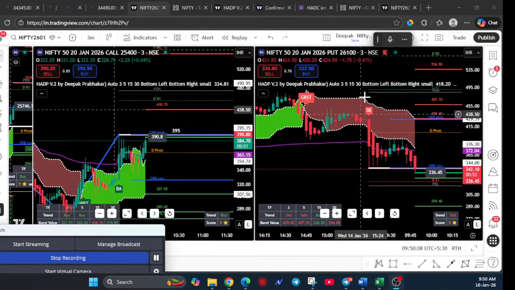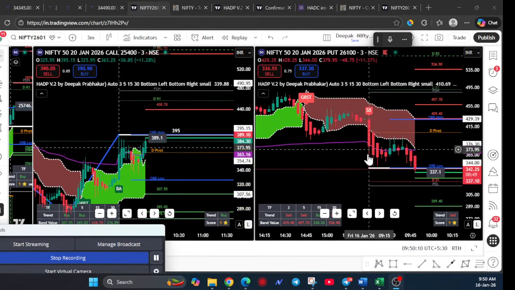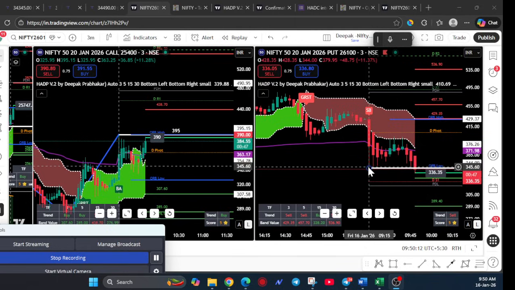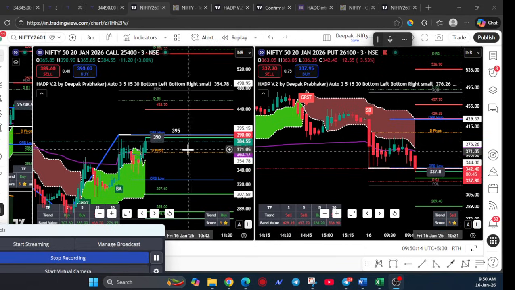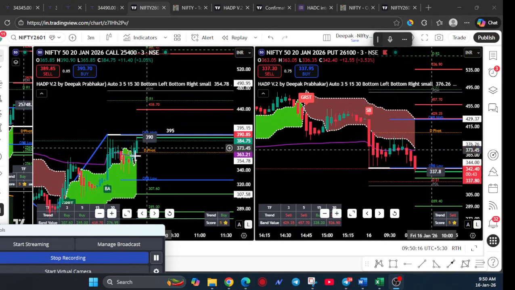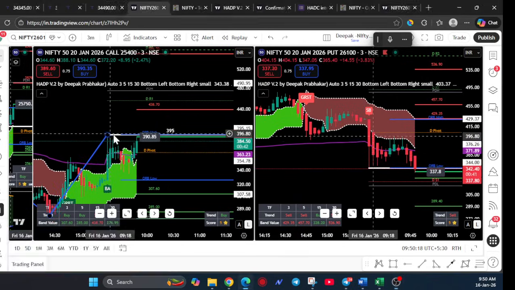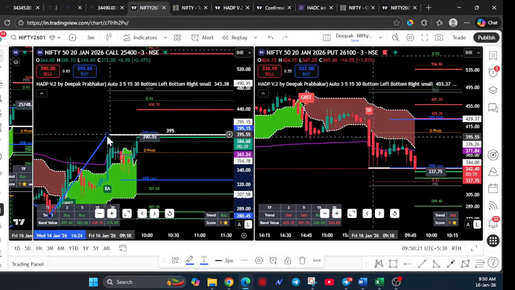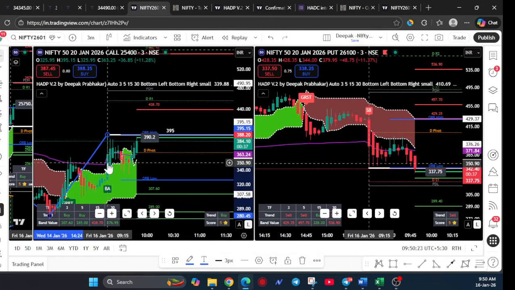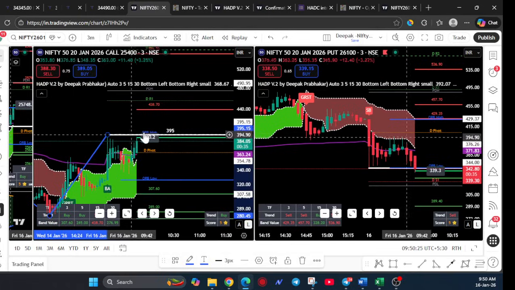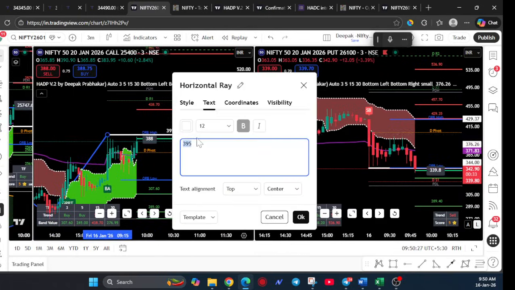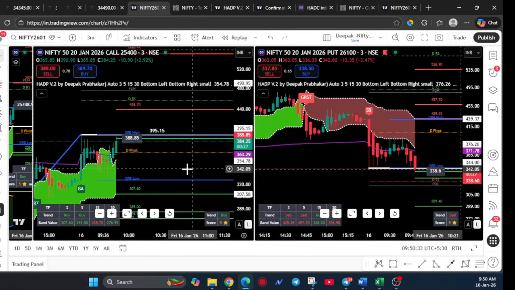See clearly 26,100 has broken the sell below, very clearly it has broken. Call side 395, which is the high of this buy above candle, 395.15, right? It has not broken yet, so you don't enter longs.